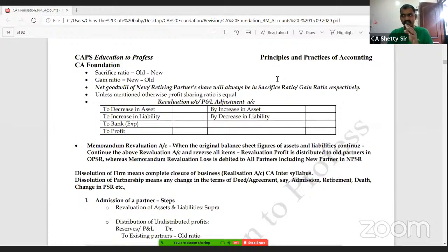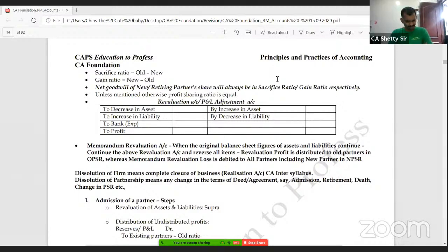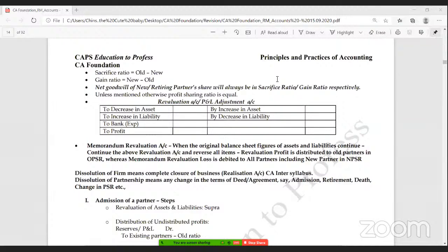So the 800 lakh gain belongs to A and B only. Are you understanding? Yes, sir.